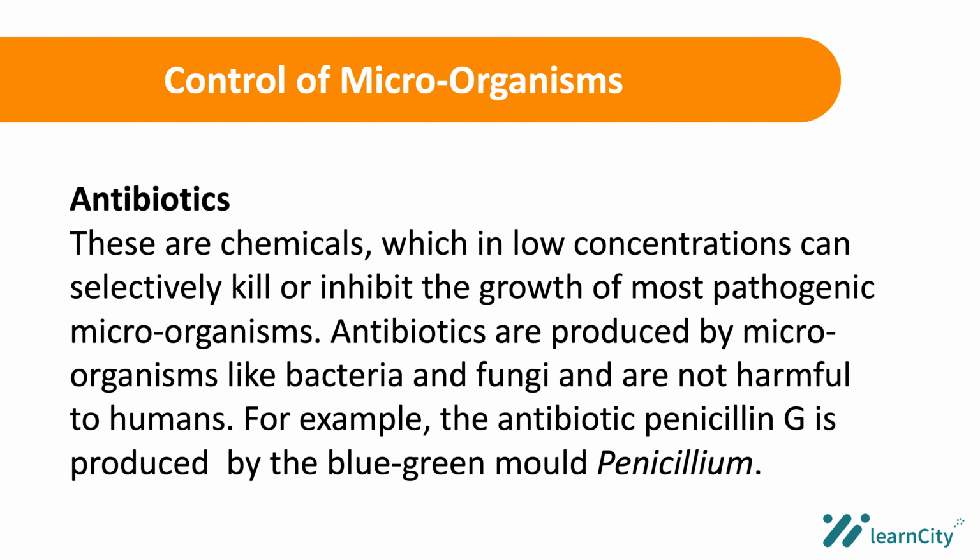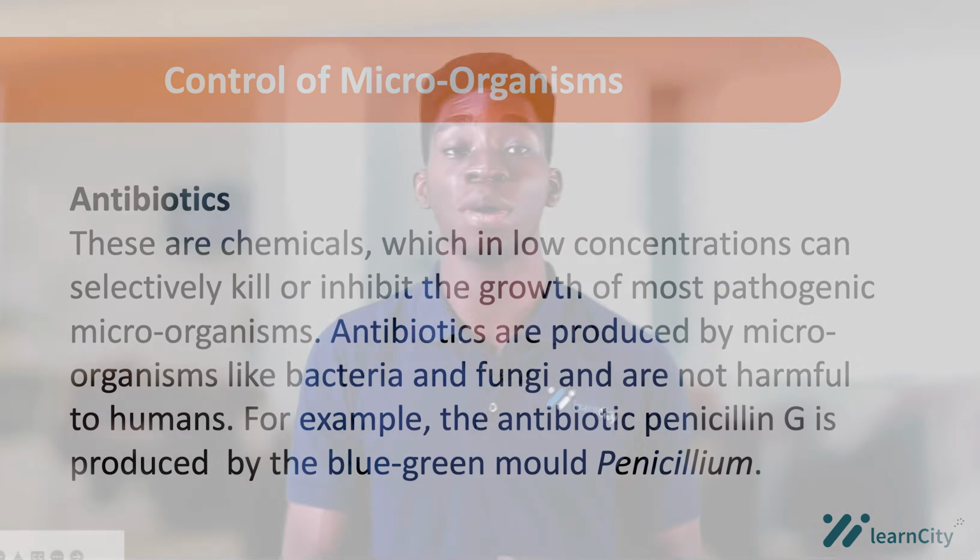For example, we produce the antibiotic penicillin G from the blue-green mold Penicillium. Penicillium is a fungus. So that's an example of an antibiotic, and they are produced from microorganisms.